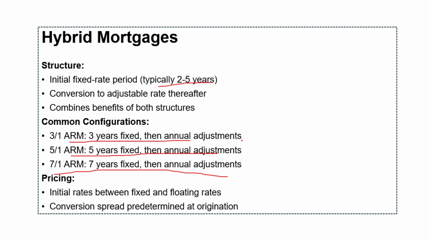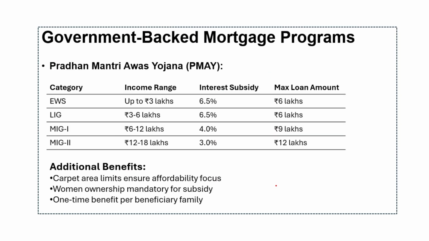The decision requires analyzing the initial rate benefits against the uncertainty of future rate adjustment. So hybrid mortgage is another way to go for mortgages, which combines both the worlds of fixed and floating loans.